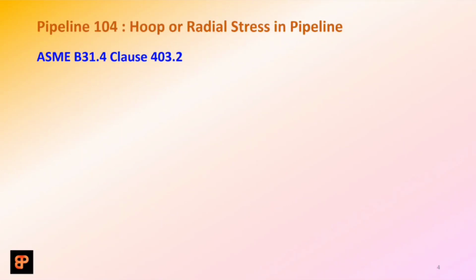B31.4 is another code used for the liquid services. The one earlier which we saw was B31.8, which is used for oil and gas services. Basically, when it is unstabilized crude oil, which has a lot of gas phase or multi-phase, prominently gas phase, then we apply B31.8.